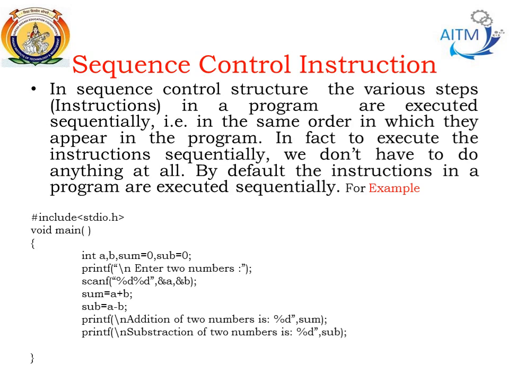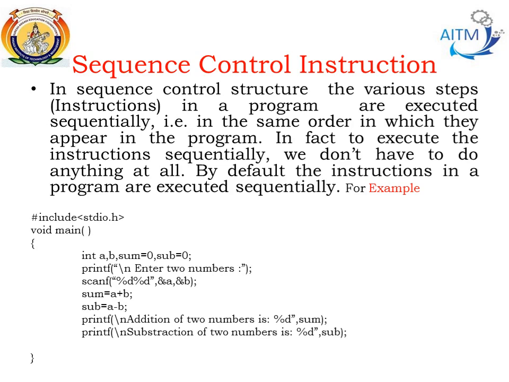So let us understand the sequence control instruction with an example. Here we have a simple example which demonstrates the working of sequence control instruction. It's a simple program which accepts two numbers and performs various operations such as addition and subtraction.